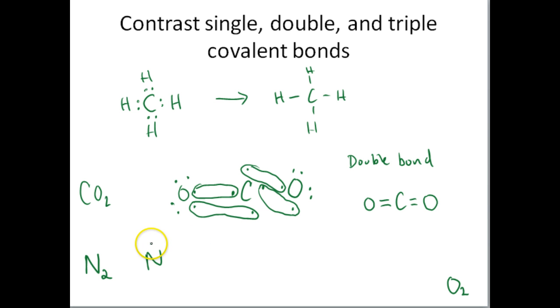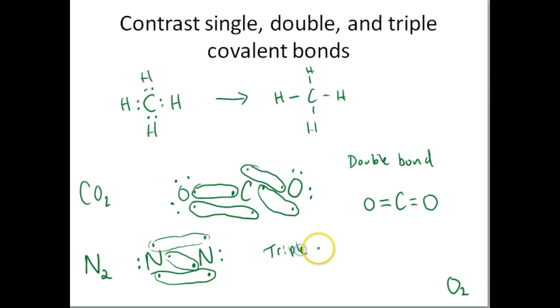It means it has 5 valence electrons. 1, 2, 3, 4, 5. And with another nitrogen, it will actually share 3 pairs of electrons. And here, we've got a nice name for that. It's called a triple bond. And we represent it with 3 dashes.